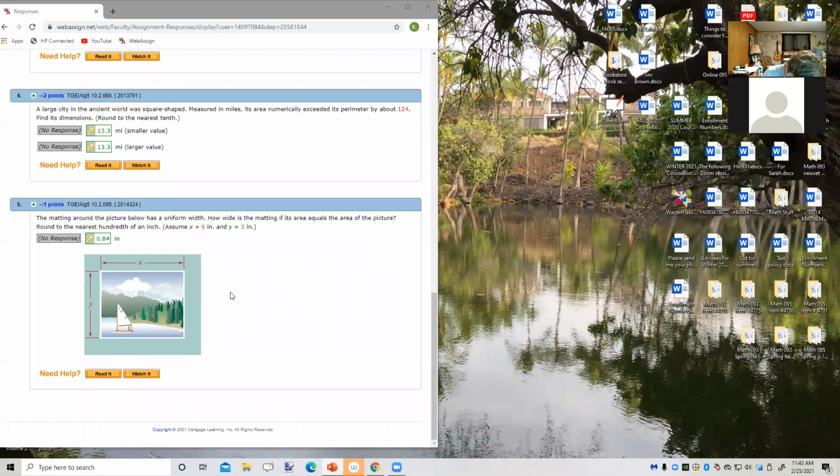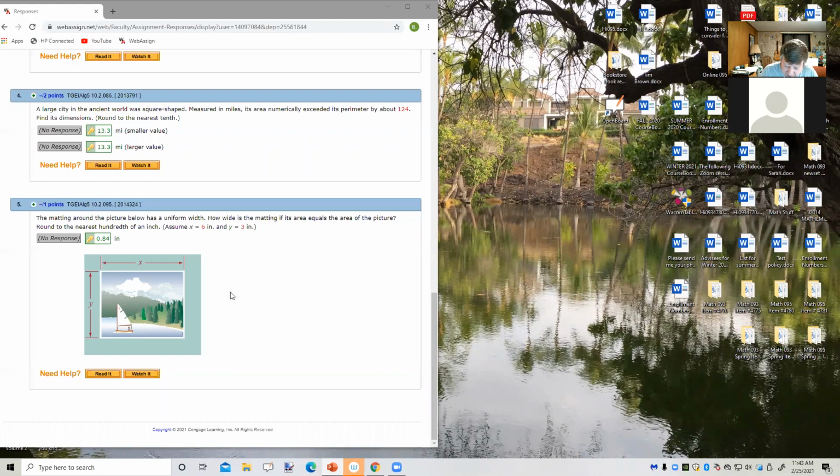Now, it says, how wide is the matting if its area equals the area of the picture? Round to the nearest hundredth of an inch, assume x is 6 inches and y is 3 inches.